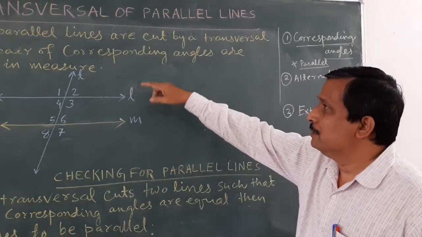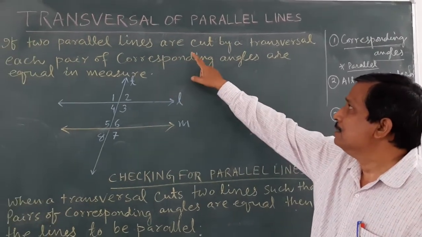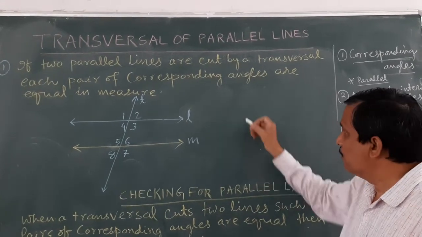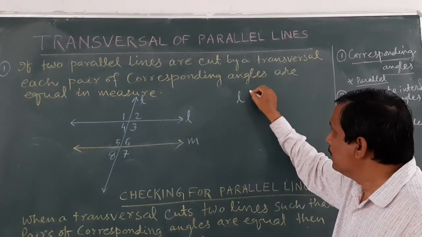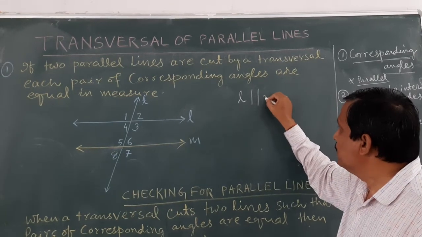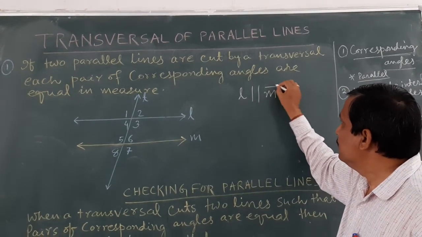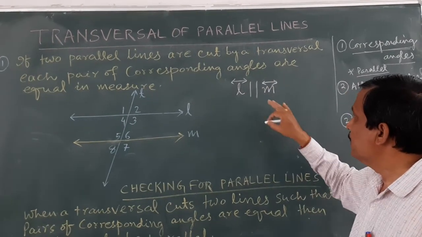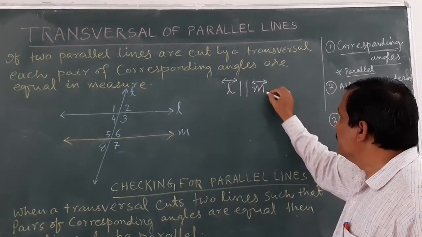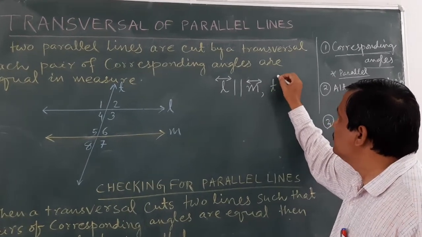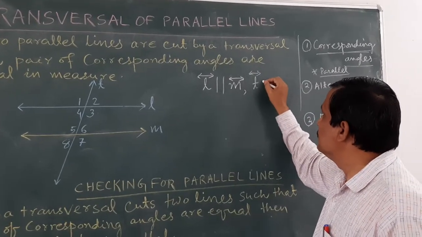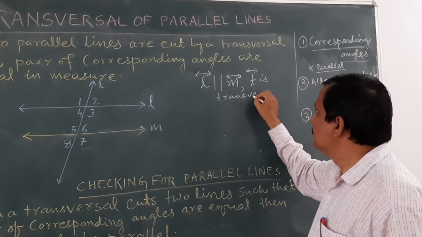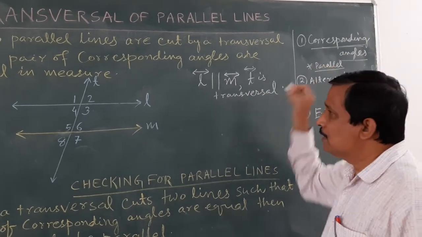So our theorem is, if two parallel lines are cut by a transversal, so here what you have got, L line parallel to M line. L line is parallel to M line, and here T is the transversal line.